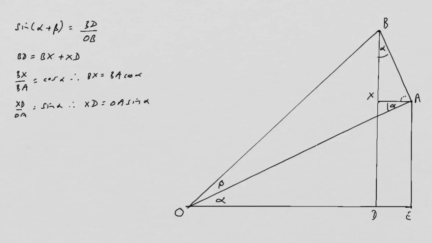Now we can substitute these into equation 1, and that gives us that BD equals BA cos alpha plus OA sine alpha.